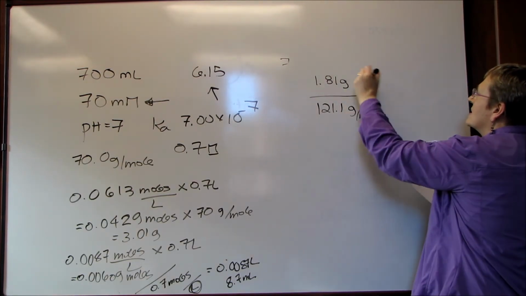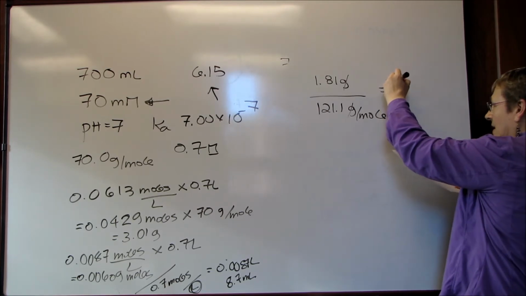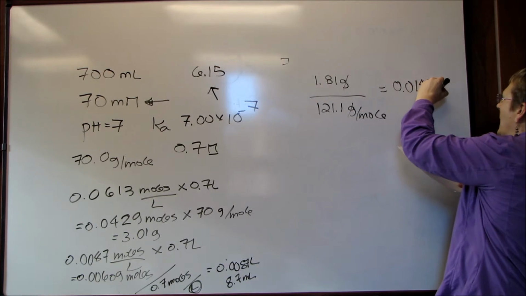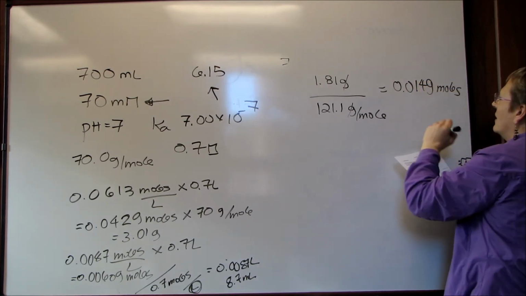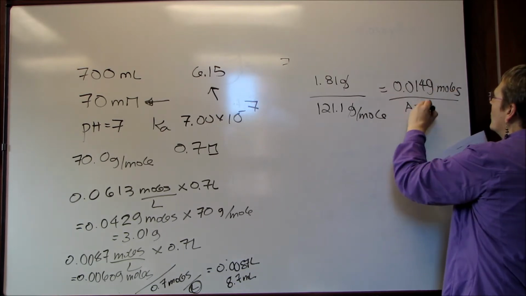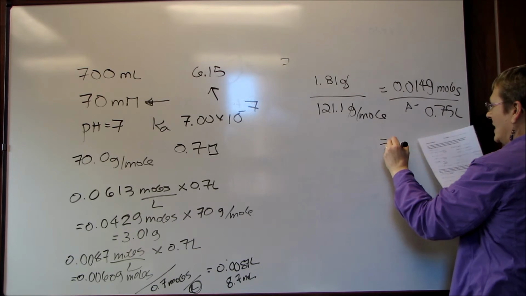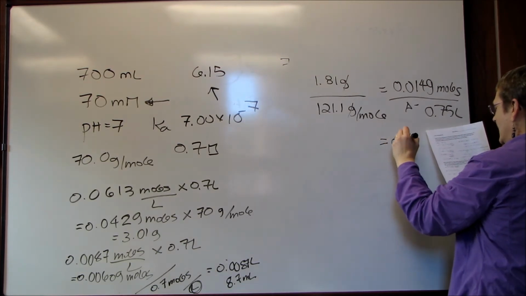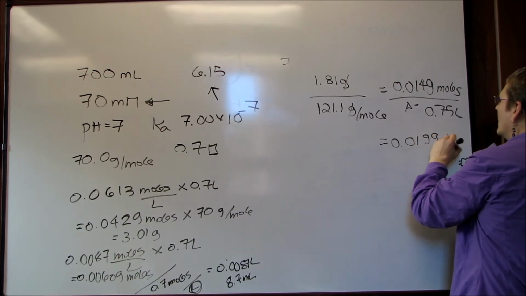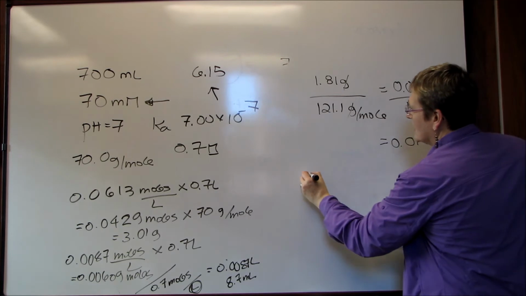I'm using my units to cancel out here to give me the right values, which is 0.0149 moles of A minus. We are in 0.75 liters, so I can get my concentration then at 0.0199 molar.